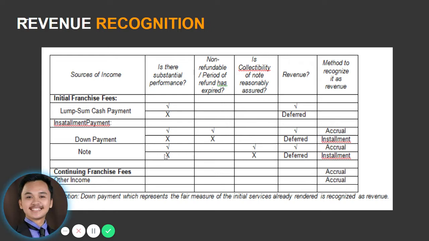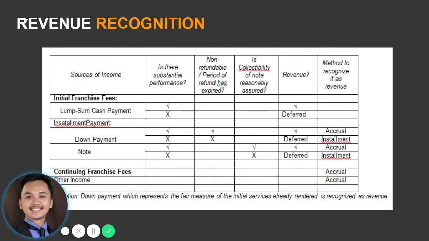Same as earlier, if there is substantial performance and the collectibility of the note is reasonably assured, then you recognize the revenue under accrual basis. But if the note is not reasonably assured, meaning there are chances that the payment of that specific note will be extended too long, then you need to defer the revenue and use installment accounting.